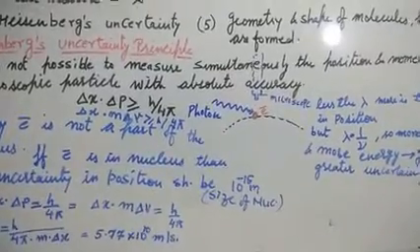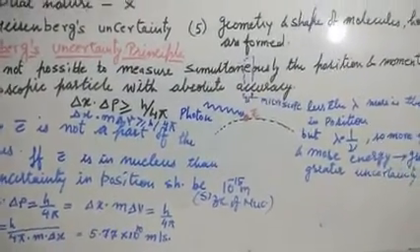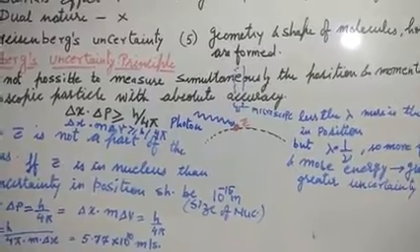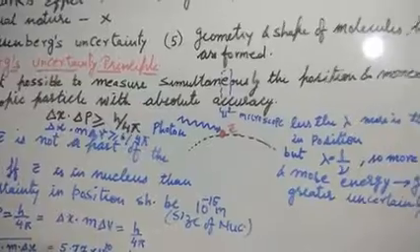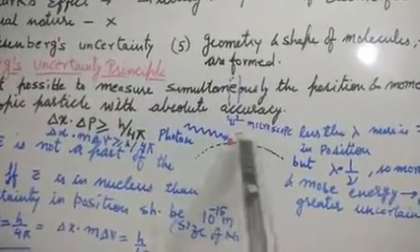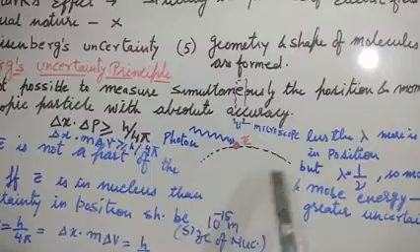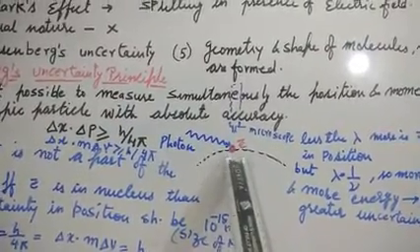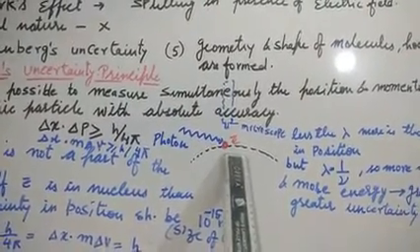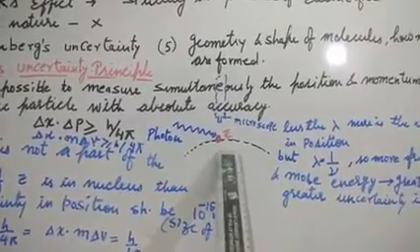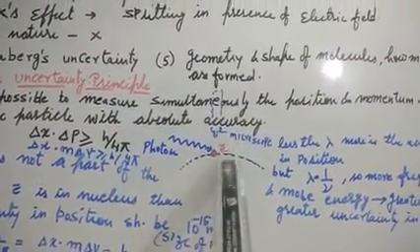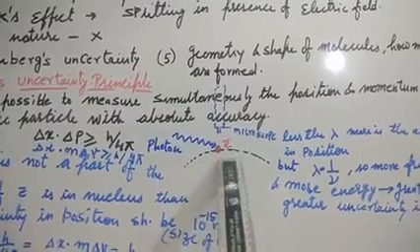Here I am giving you the explanation of why it is not possible to measure the momentum and position of an electron simultaneously. Suppose we are observing an electron in its orbit or shell. To know the position of that electron, we require some light to focus, to pinpoint its position.